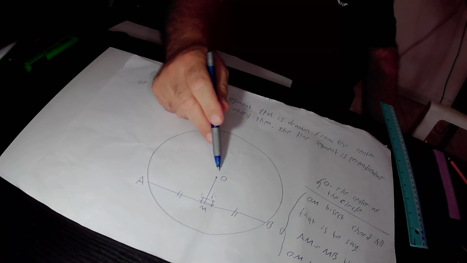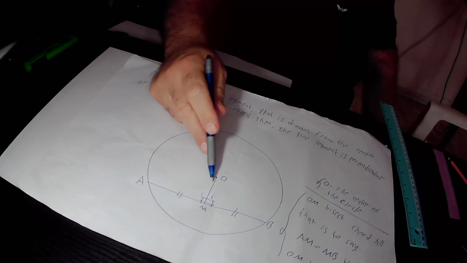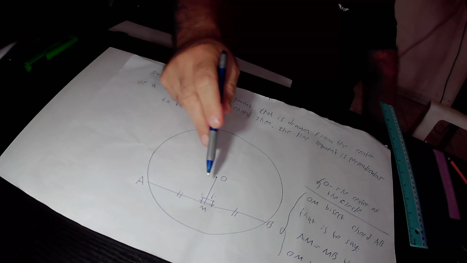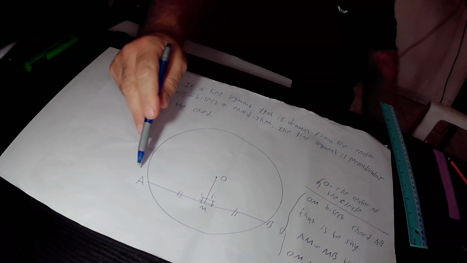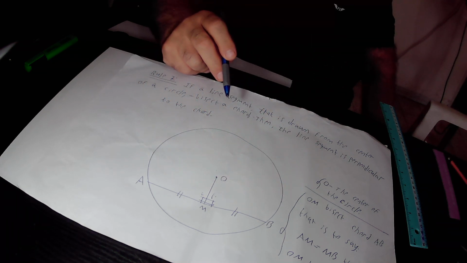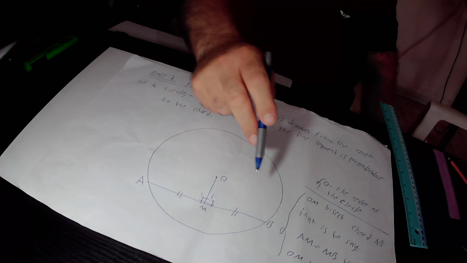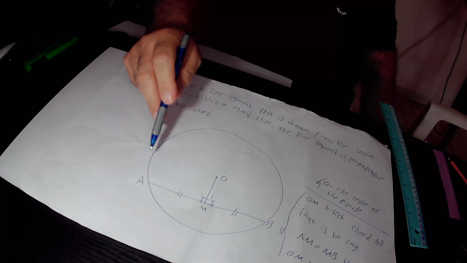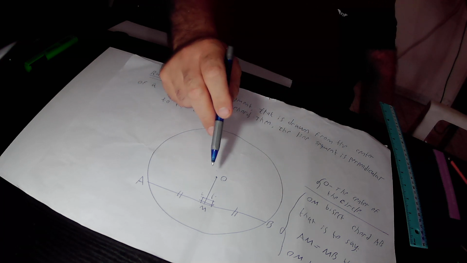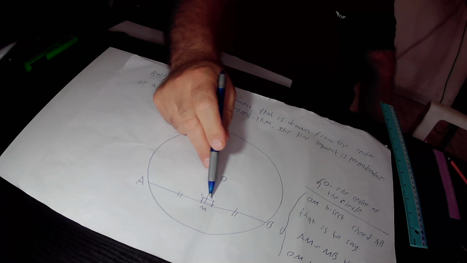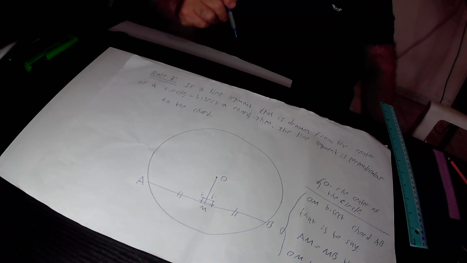From the center of this circle, that is to say from this point O, we have line segment OM that bisects chord AB. That is to say MA equals MB. And because line segment OM bisects chord AB, line segment OM will also be perpendicular to chord AB. That is to say, this angle equals 90 degrees, and this angle also equals 90 degrees according to rule 7.